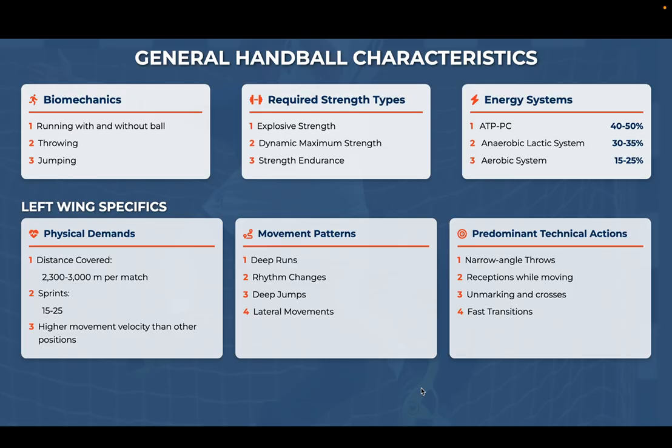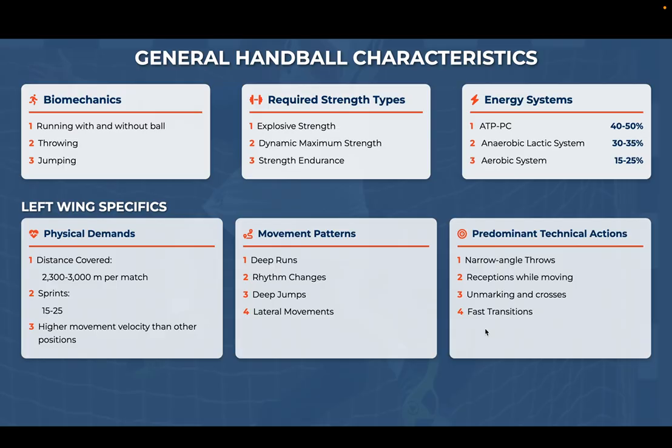Which is completely related to the energy systems, because handball is a non-cyclic sport. That means that it's not always at the same pace. You run, stop, run again, and burst at high speeds and high amounts of energy.